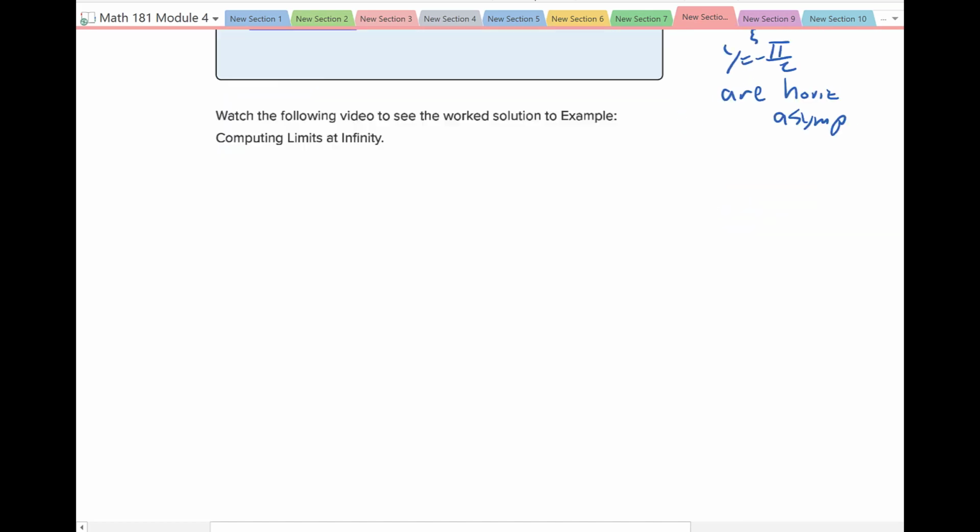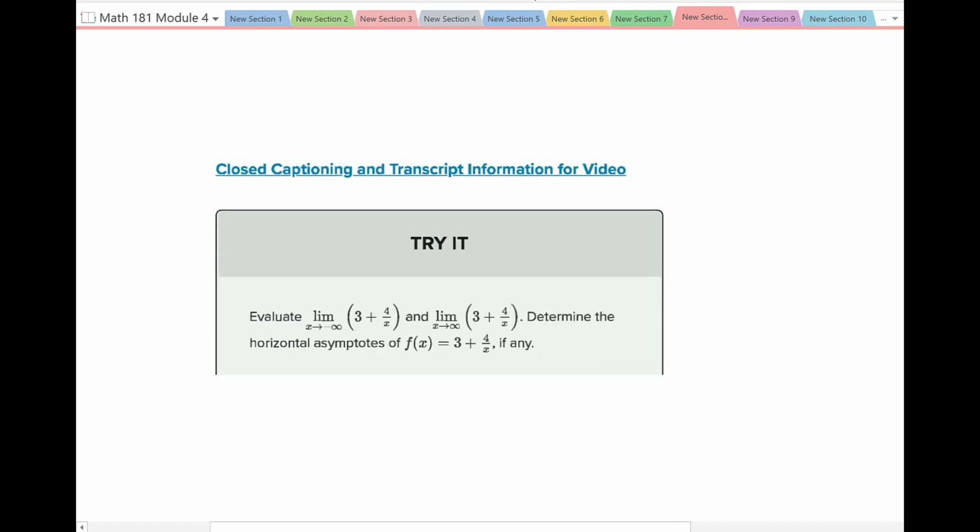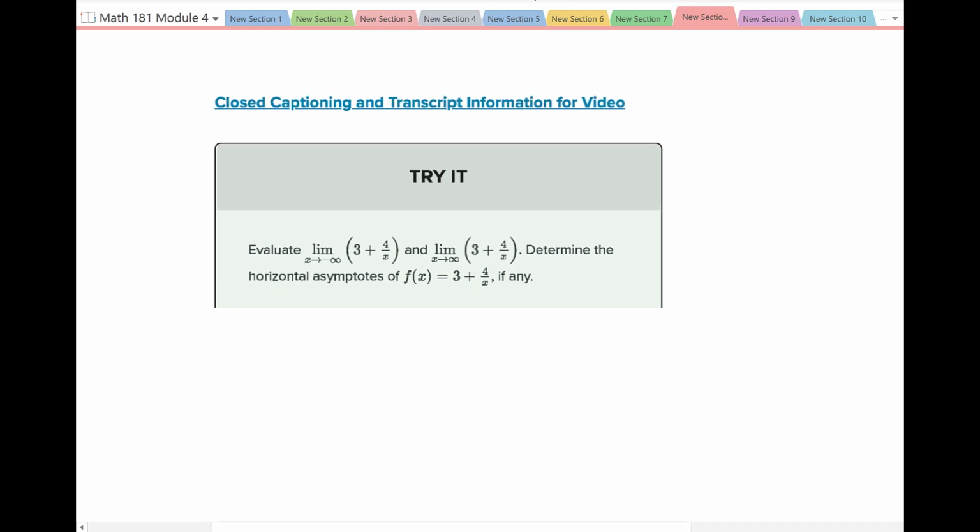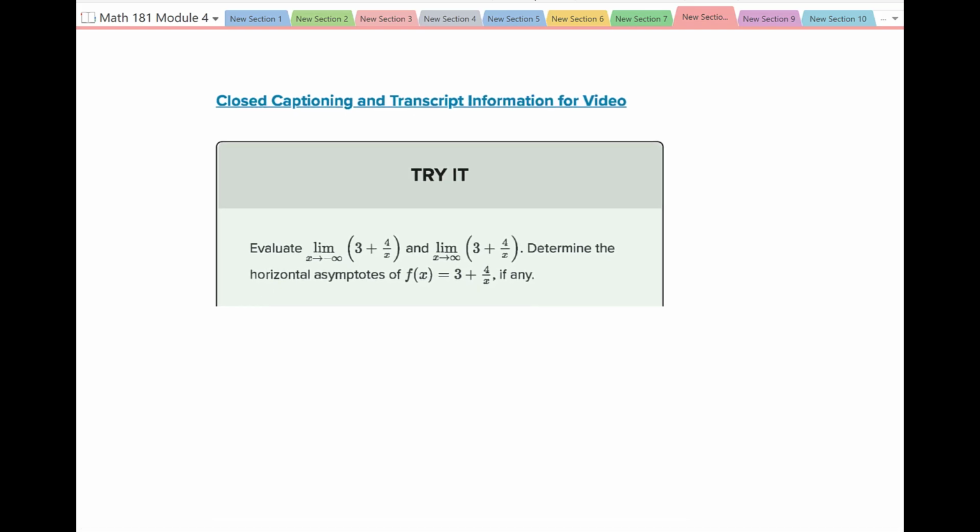Okay, let's go on. Another one here. Evaluate the limit as x approaches negative infinity of 3 plus 4 over x, and the limit as x approaches infinity of 3 plus 4 over x. Determine the horizontal asymptotes.